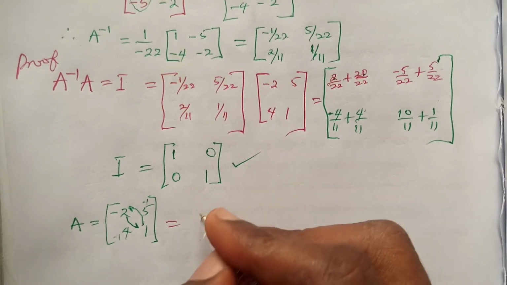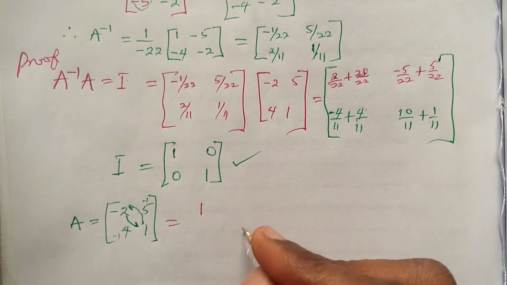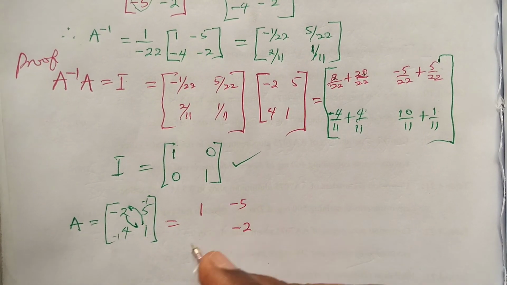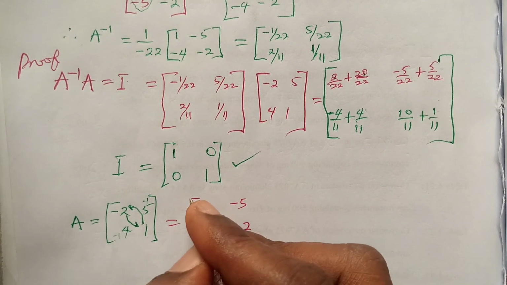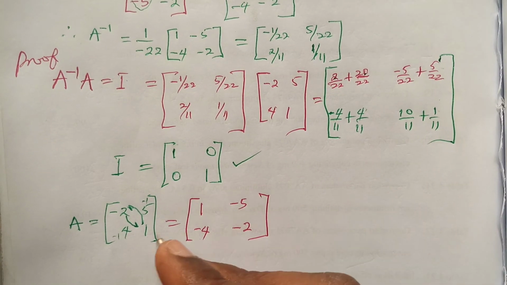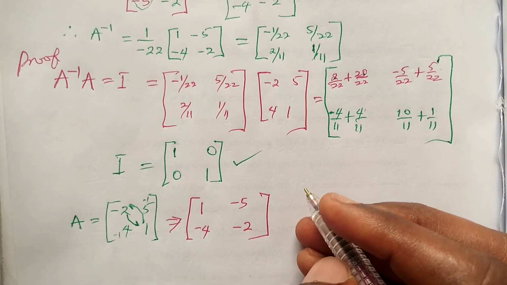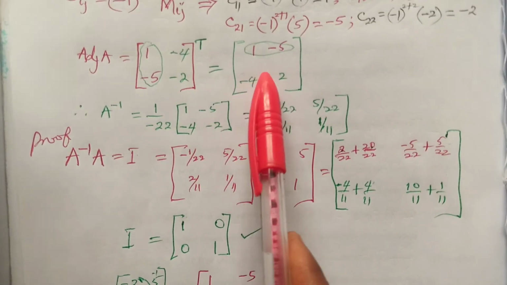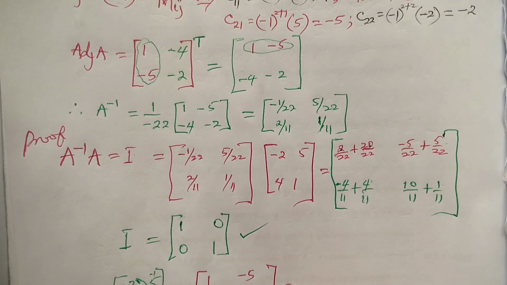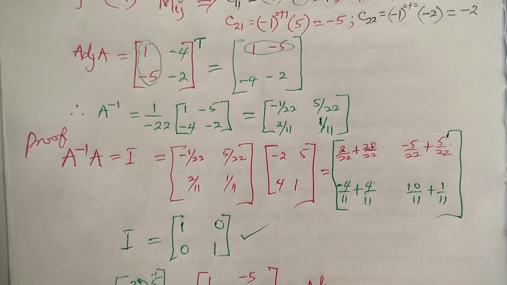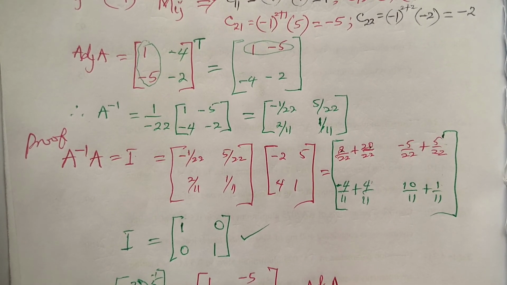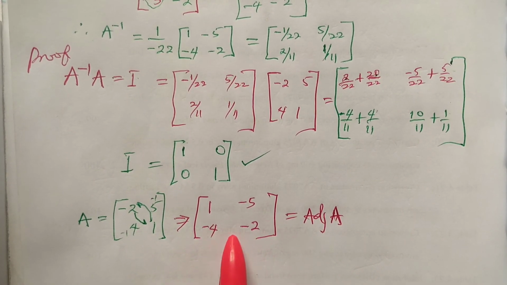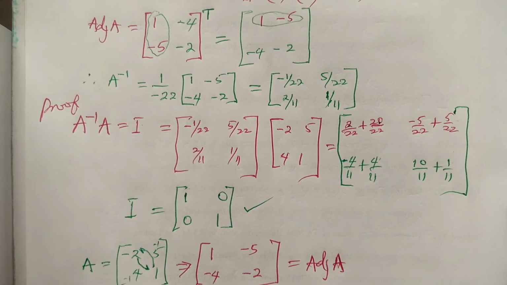If we do that, we have 1, minus 2 in its place, minus 5 and minus 4. That will give you the adjoint. Remember, that's what we got as the adjoint for the 2 by 2 matrix. In a fast exam, you have to know how to do the 2 by 2 matrix this way.